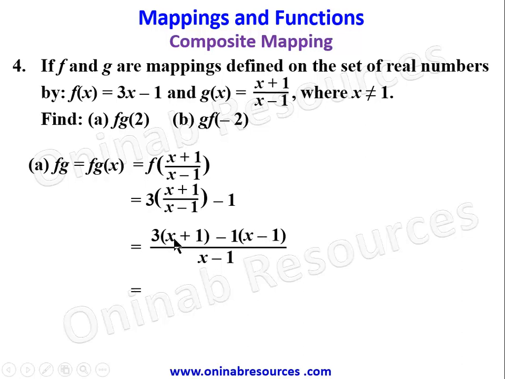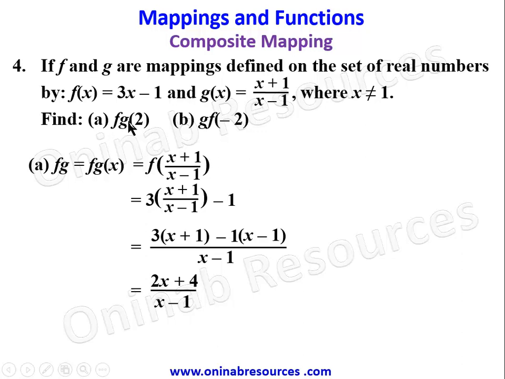If we expand this, 3 times x will give me 3x, negative 1 times x will give me negative x. So 3x minus x gives 2x. 3 times 1 gives 3, negative 1 times negative 1 will give me positive 1. So the 3 plus 1 will give 4 over x minus 1.